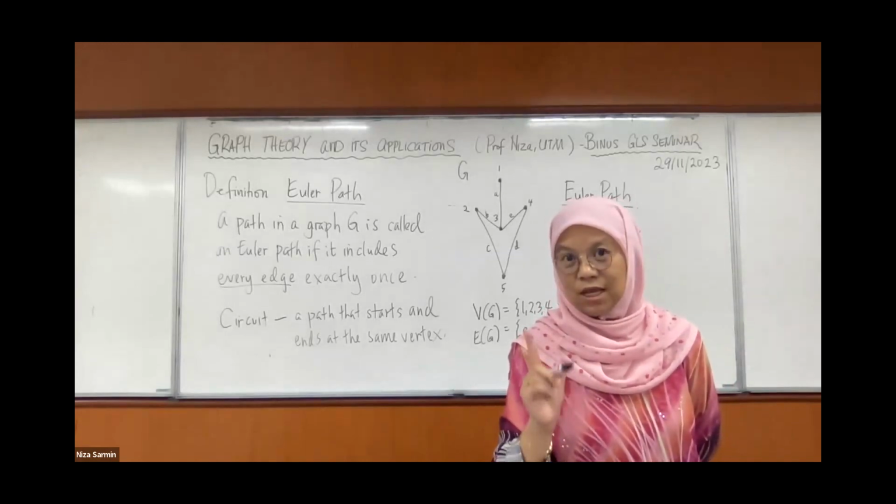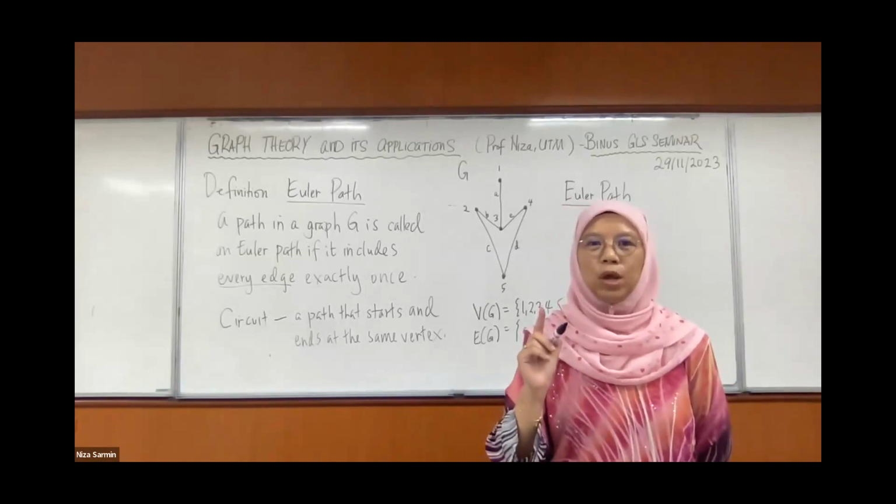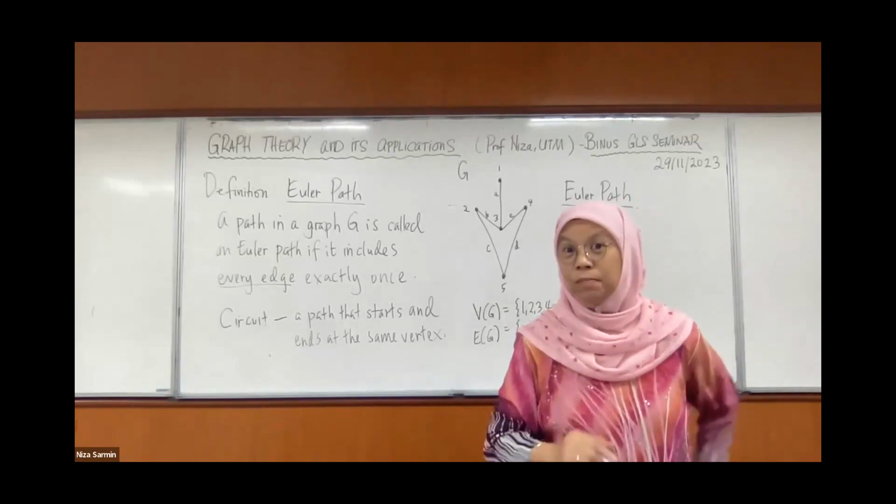I didn't say vertices. Every edge exactly once. So this is an Euler path.